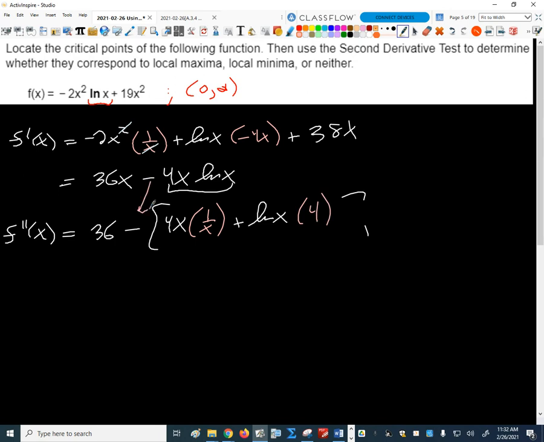And I put my negative sign there, right? So we're subtracting the product. Okay? And if I simplify that, what do I get? So the x's cancel. So I get 36 minus 4 is 32, minus 4 log x.